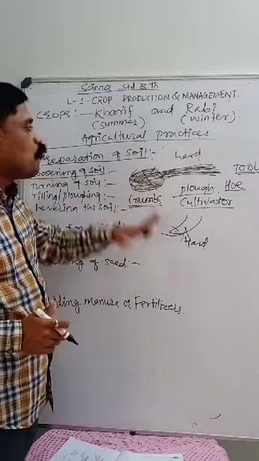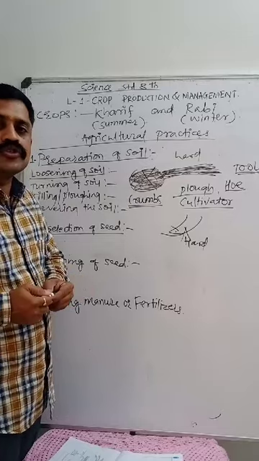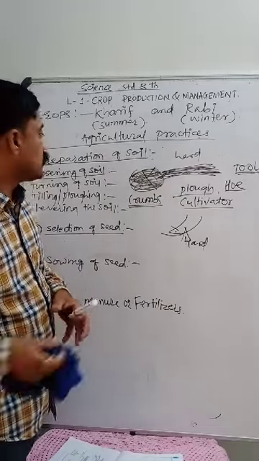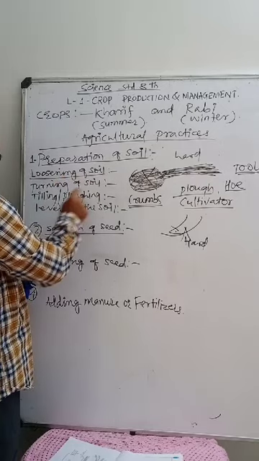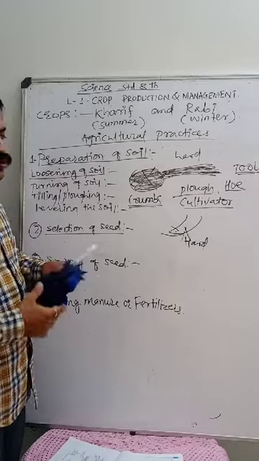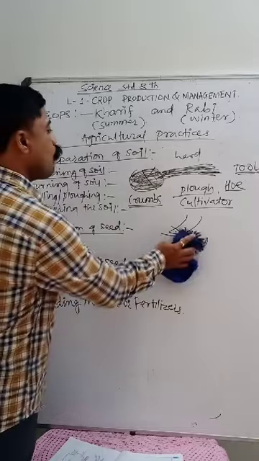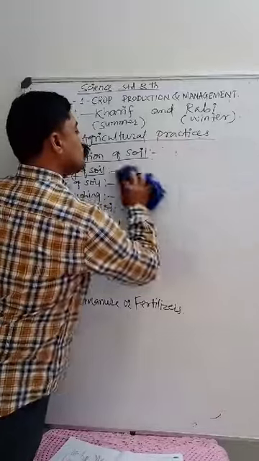So these four things are the basic things. Growth of the plant totally depends on these four things. What is the first one? Loosening of soil, turning of soil, tilling or ploughing, and leveling the soil. Okay, so these are the first four important preparations before sowing the seed.